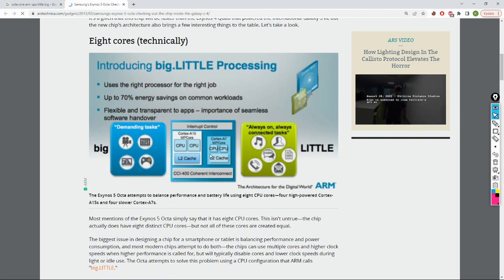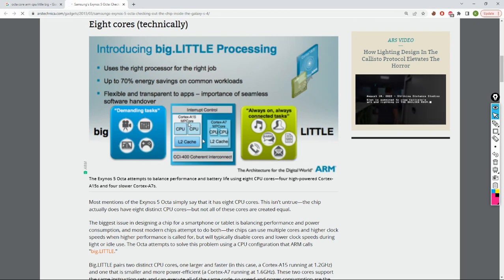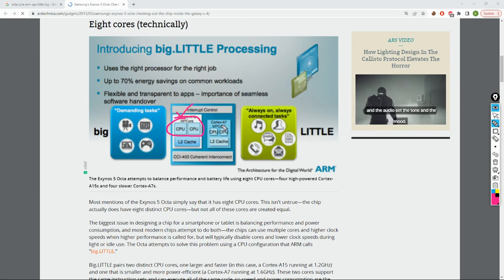Now if you look at this, as I said, you have CPUs which are high performance CPUs, and these two are low performance CPUs.